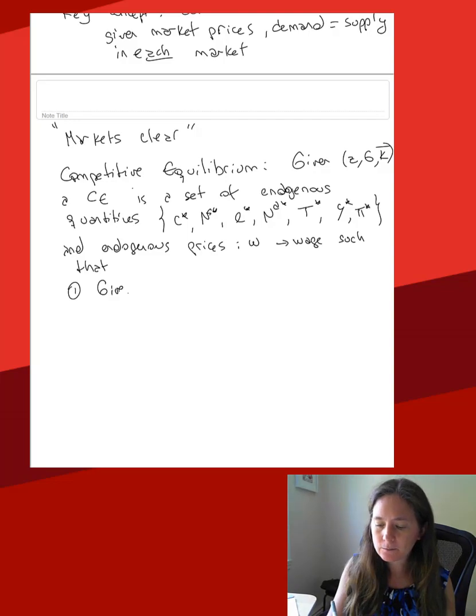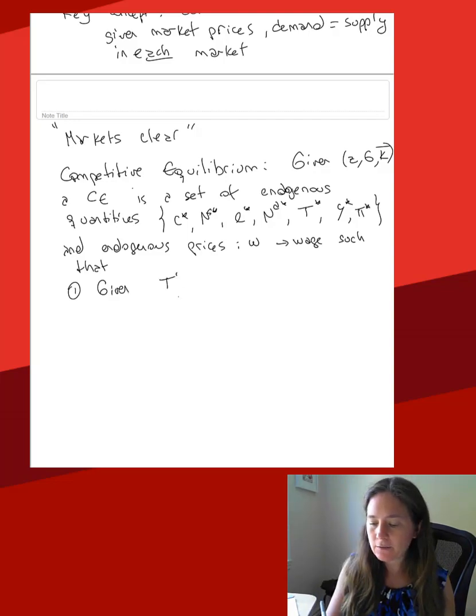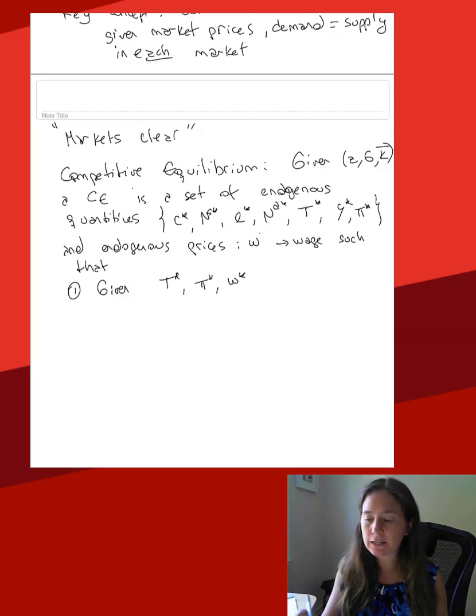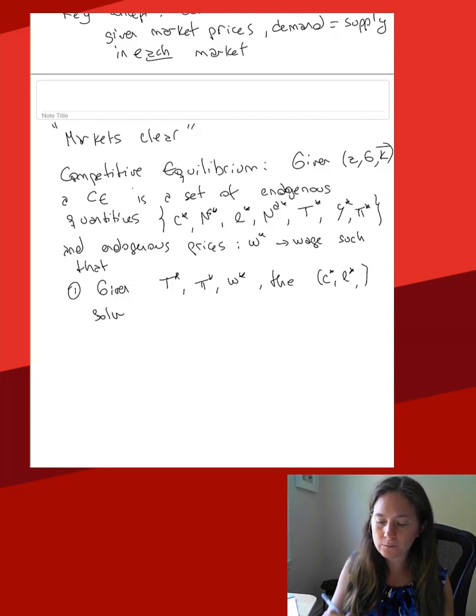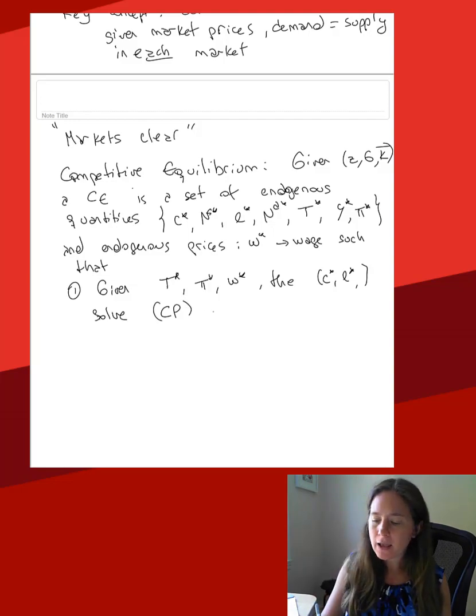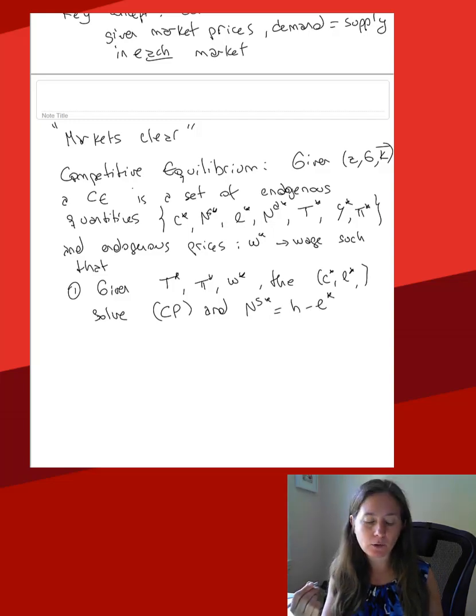So given the level of equilibrium taxes, given the level of dividends, and given the equilibrium wage rate, let me put a star here, the consumption bundle C star is going to solve the consumer problem that we defined above, and the supply of labor is going to be the one that satisfies the time constraint.